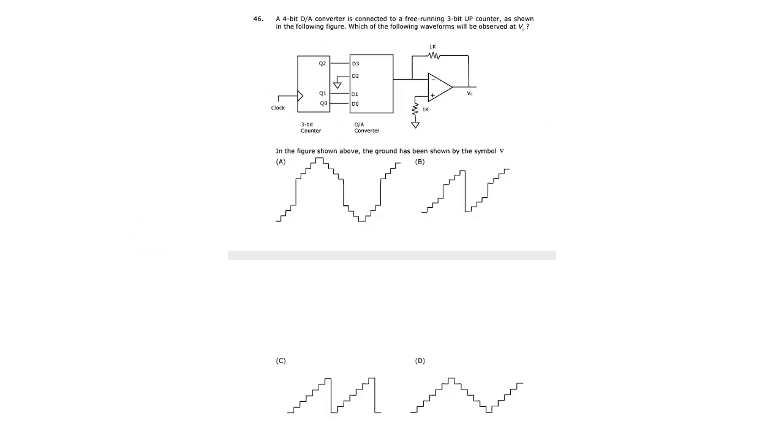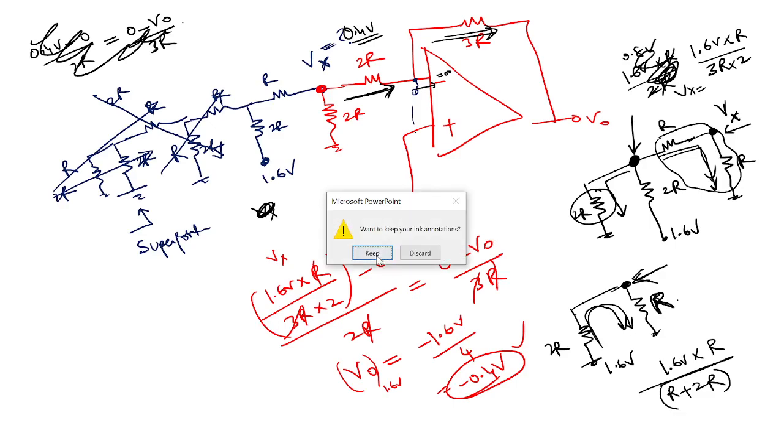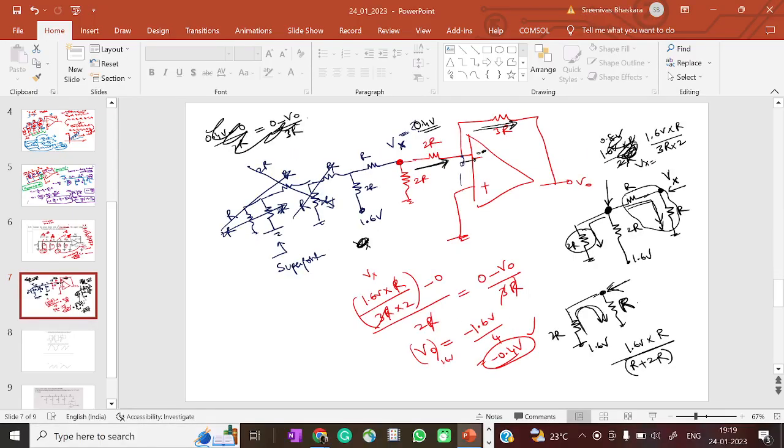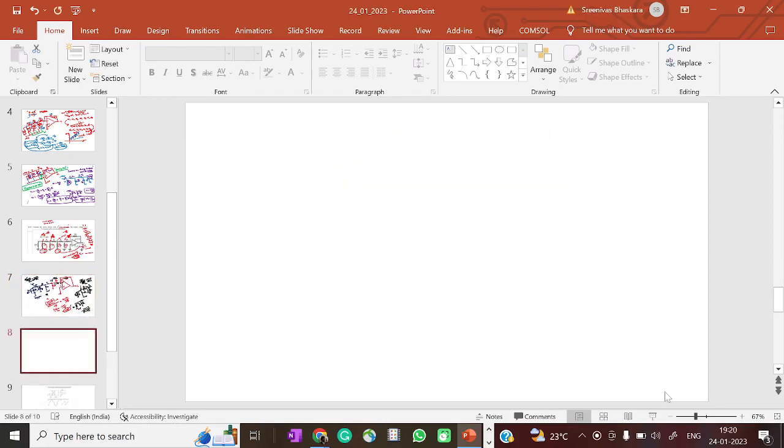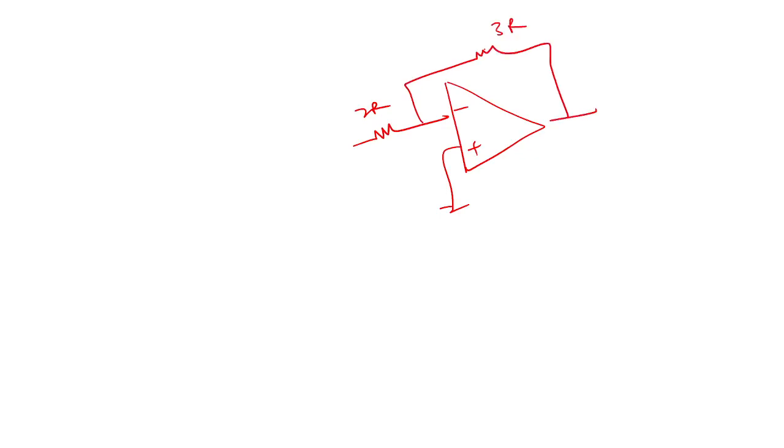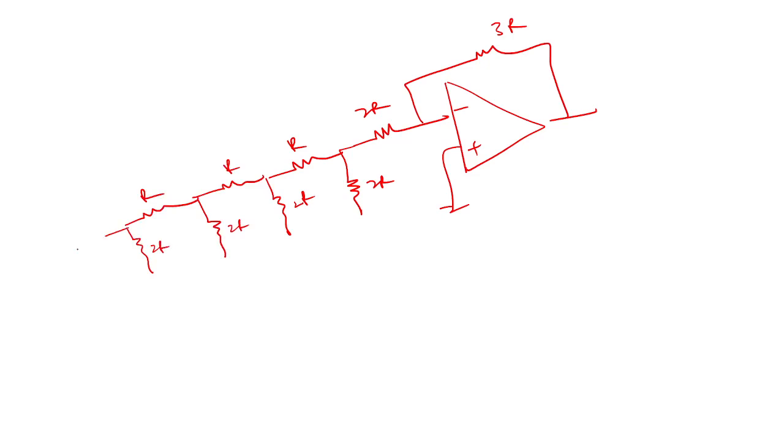So my point is, let me reiterate this. This is 2R, right? This is 3R, 2R, R, 2R, R, 2R, R. This is 2R. This is 2R, let's say. Let's say I'm giving 1.6 volt everywhere.